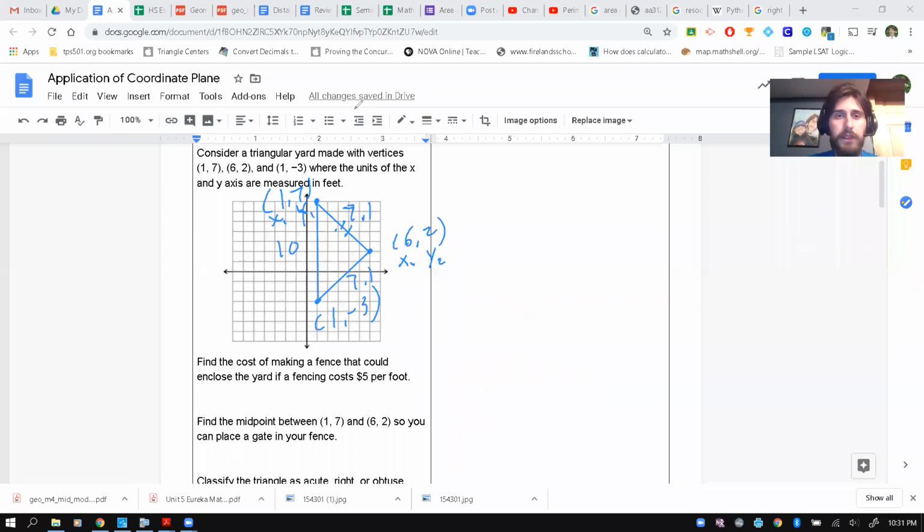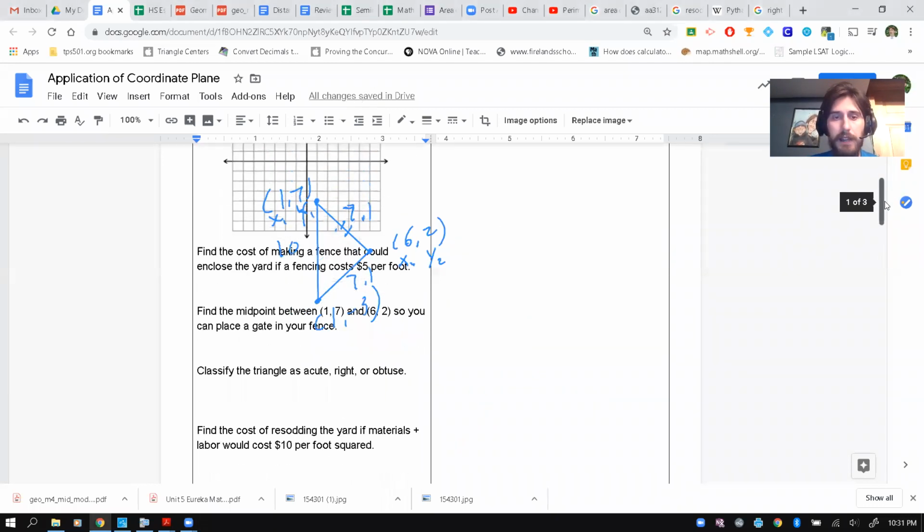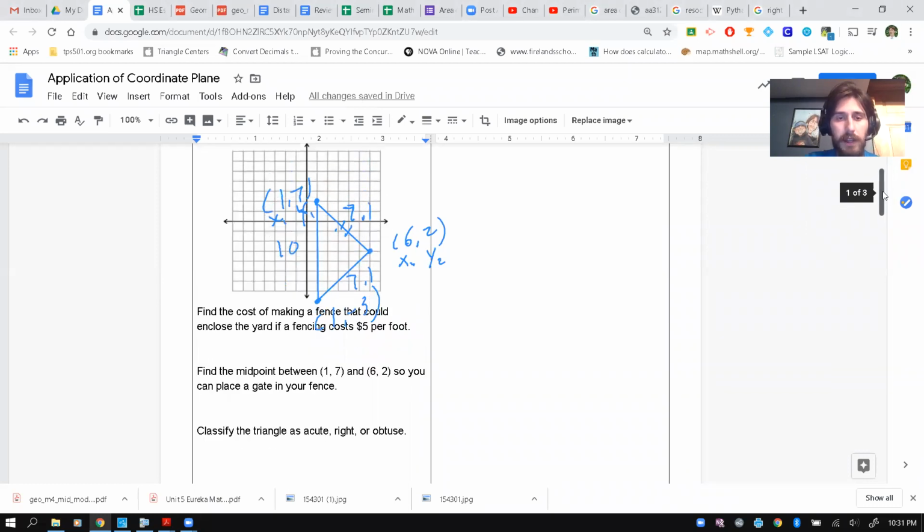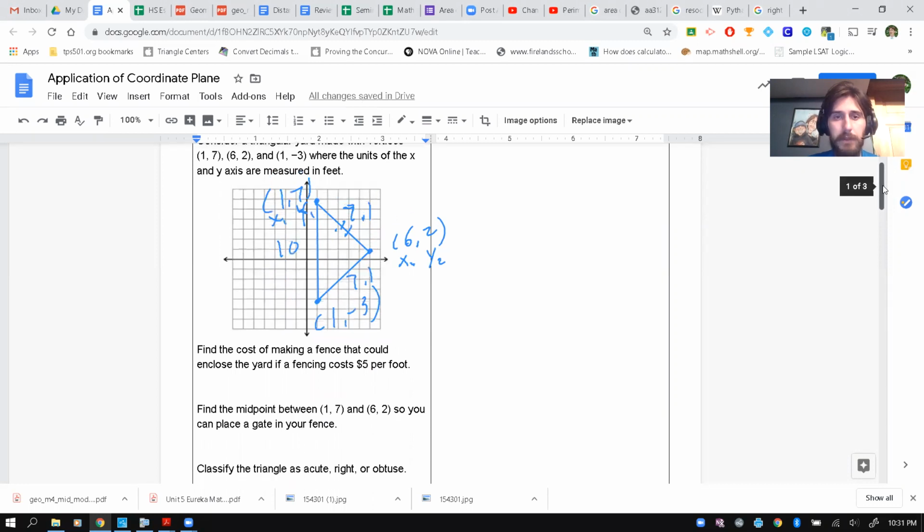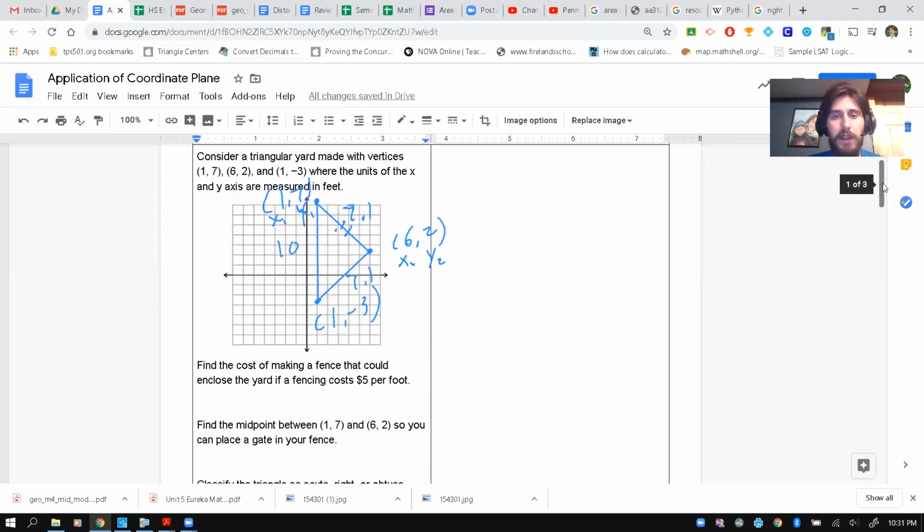So to review that, let's go ahead and review and classify whether or not the triangle is acute, right, or obtuse first. To determine whether or not this is a right triangle, there are two tests that you could use. The first test that I'm going to try is, if this is a right triangle, I would suspect that this right here would be the right angle just by looking at it.